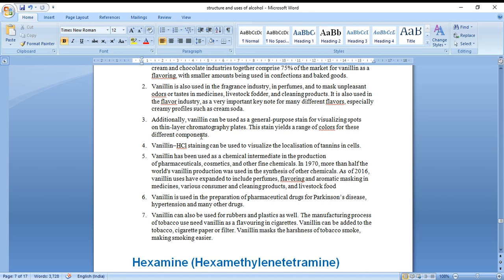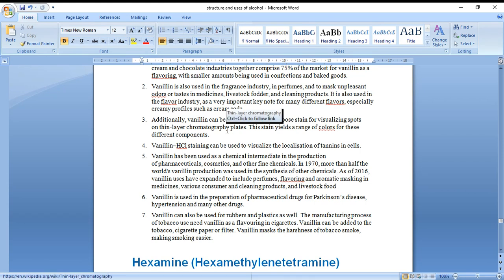So in various chromatographic techniques like thin layer chromatography plates. You people may not know what chromatography is. You will study it in 4-1. It is one of the analytical techniques. In that case, we generally use plates, called thin layer chromatography plates. In thin layer chromatography plates, some spots will be formed.